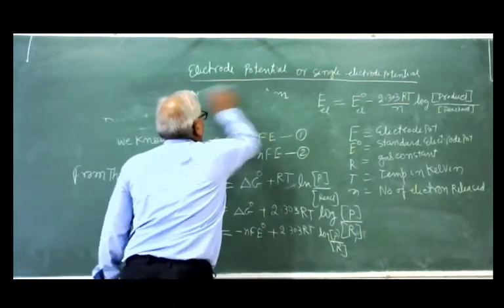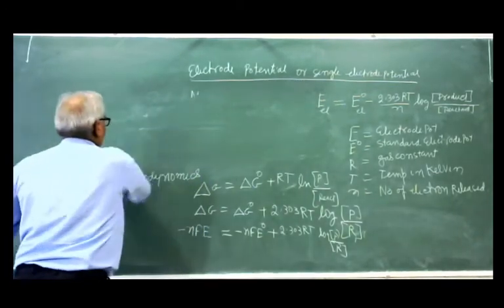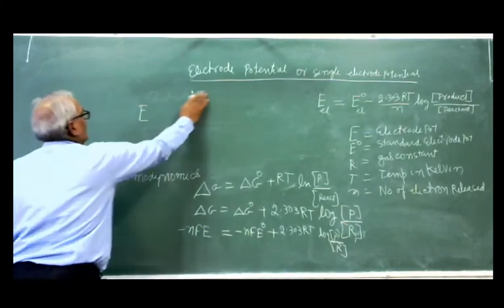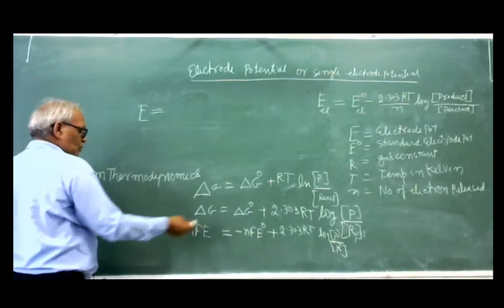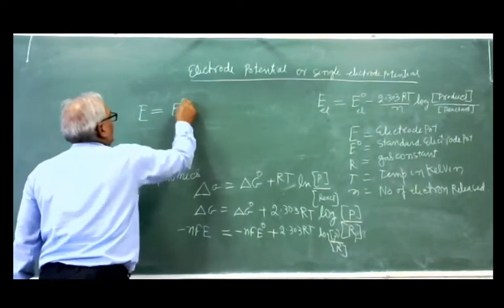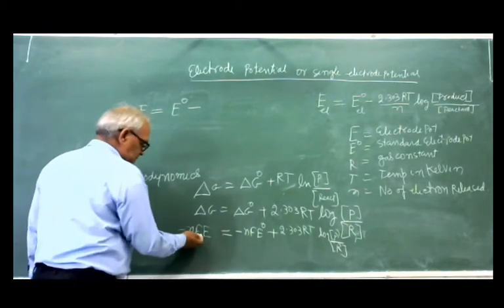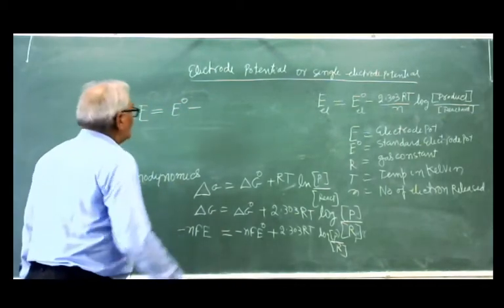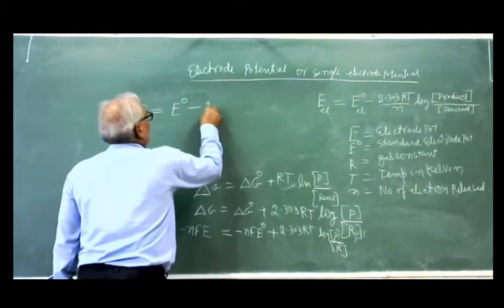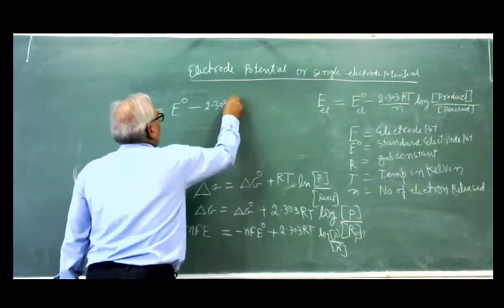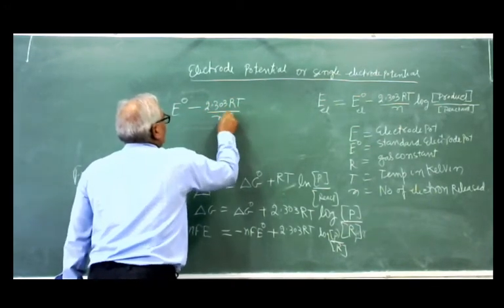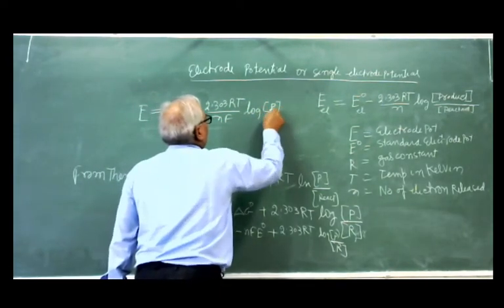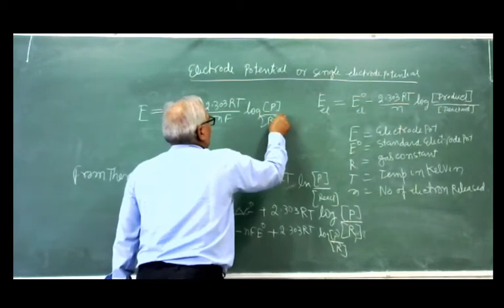Or you can say that E, electrode potential, is equal to E0 minus, just divide by minus nF in the whole equation. So you will get minus 2.303 RT upon nF, and here will be log of the concentration of product upon concentration of the reactant.